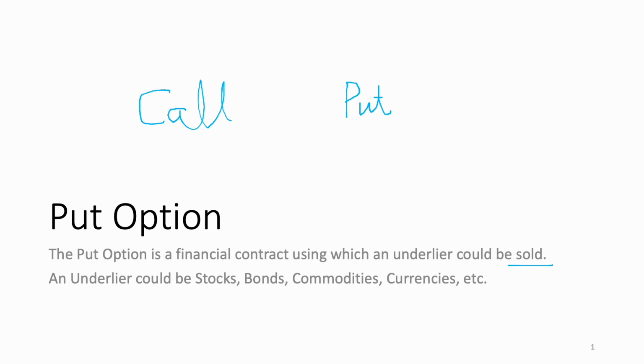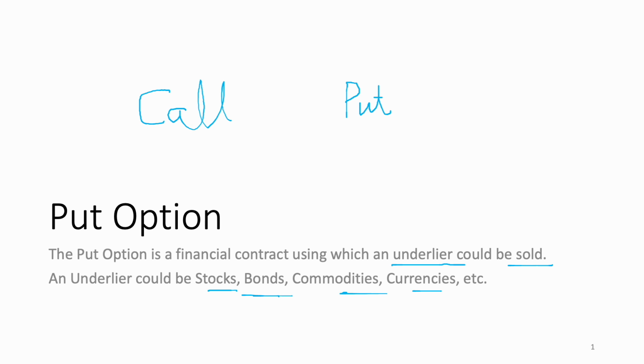Now the security that we buy or sell in an option is the underlier. We do not actually trade with the actual security. The security could be a stock or a bond or a commodity or currency. The currencies could be like USD to INR or USD to Japanese yen. Commodities could be like iron, steel, cotton, agricultural products, etc. So we do not deal with the actual security, but we use these securities as an underlier.